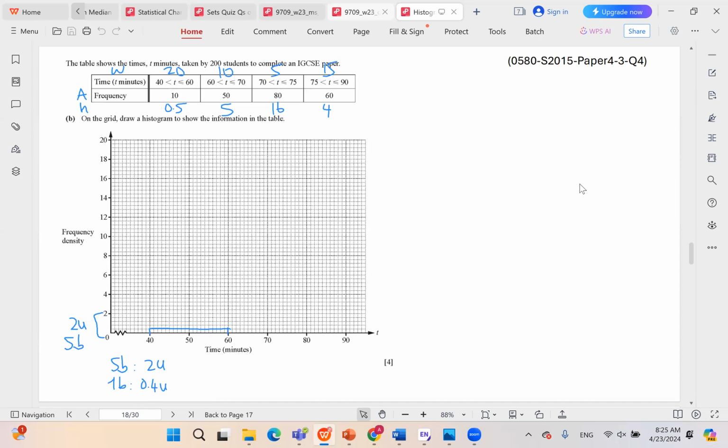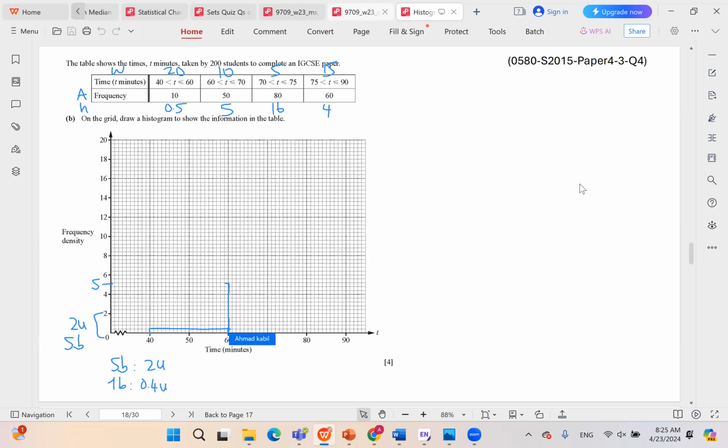Now for the second interval, which is from 60 to 70, we want a height of 5. So 5 is midway between 4 and 6. This is 5 here. So we rise up to a height of 5. So we rise up to this height here.